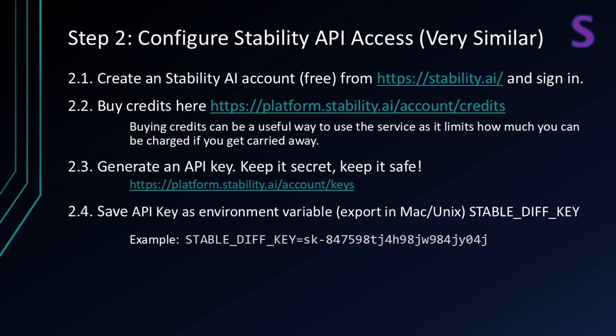Now save this API key as an environment variable. If you're using a Mac or Unix, you can export the value instead. Be sure to name this variable STABLE_DIFF_KEY, all capitals, and set it equal to your secret value. This one's not a real value I wrote in there, it's just made up, so don't try it.